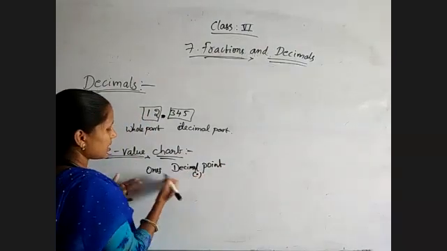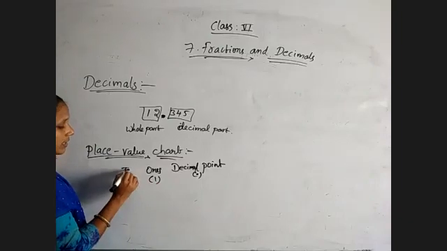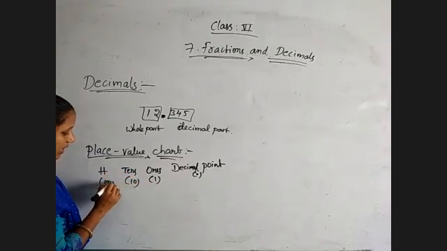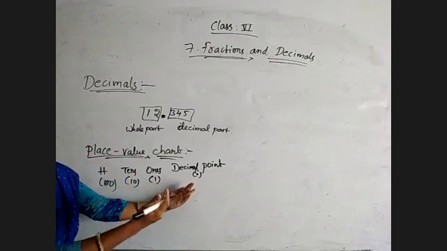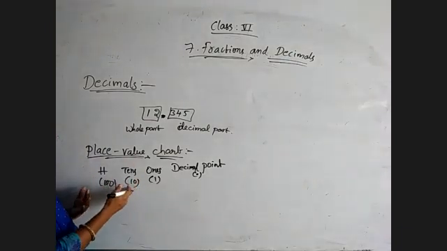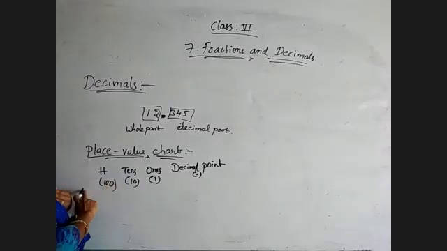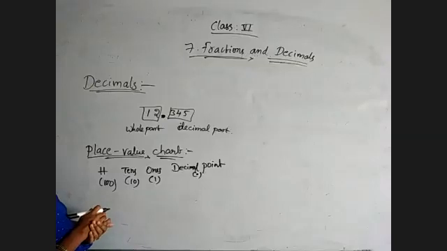So before the decimal point will be the whole number part. So ones and tens, hundreds, like this we will get while we are moving from right side to left side. The 1, 10, 100, means 1 into 10 is 10, 10 into 10 is 100, 100 into 10 is 1000. 10 times it is increasing like the normal place value system.